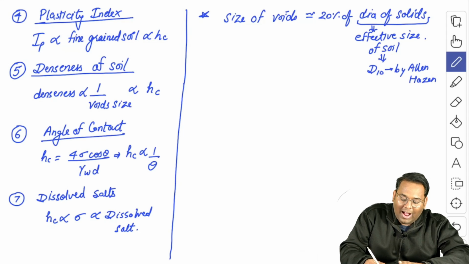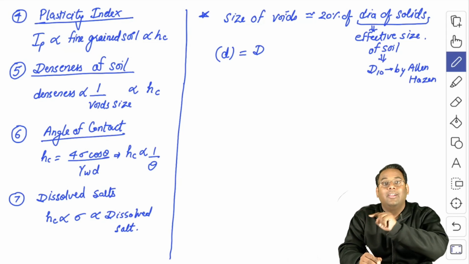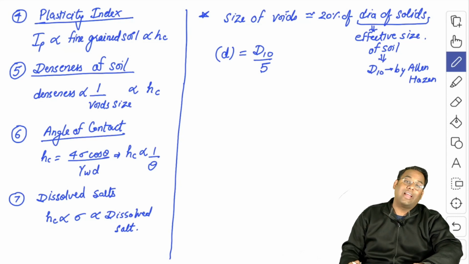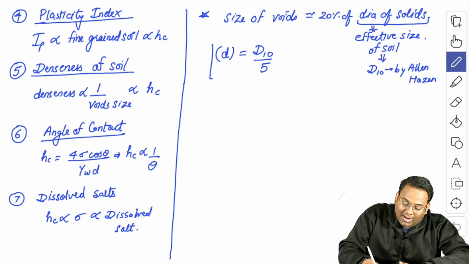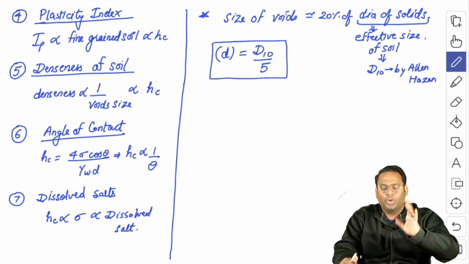So if I ask you what is the diameter of voids, then that will be equal to the diameter of the solids, especially the effective size, that is D10, and as I am saying that is 20%, that means it will be 1/5 of the size of solids. So this is a relation that you can remember for your calculations or for your reference.